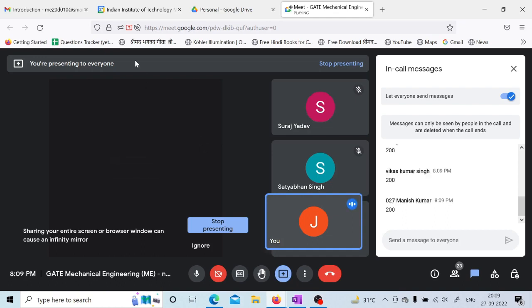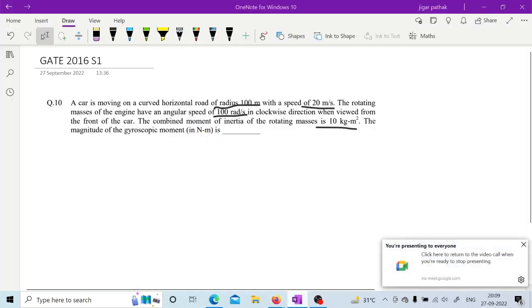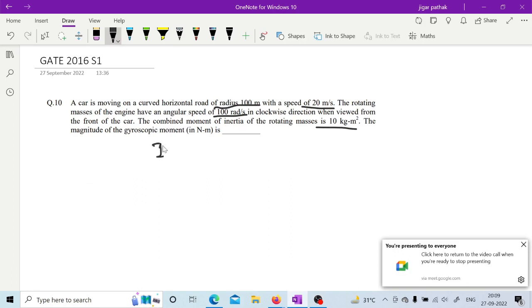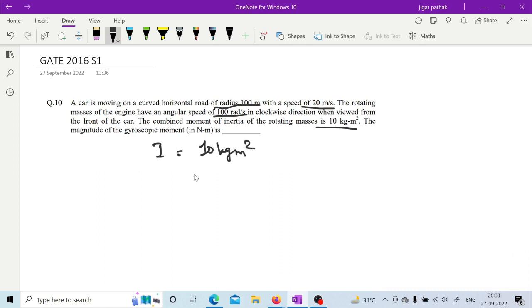Okay, all of you are getting the same answer, right? 200. Yes. So whoever has got the answer here, what is given is I as 10 kg meter square, right.